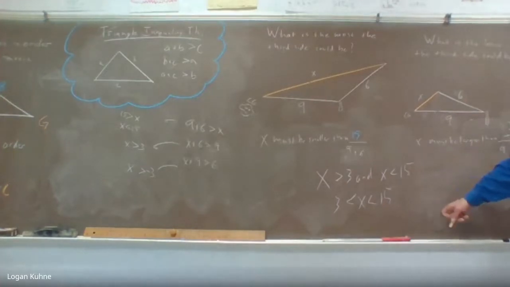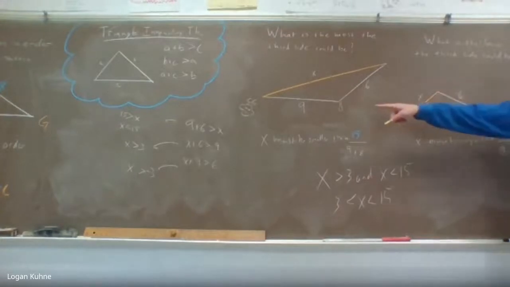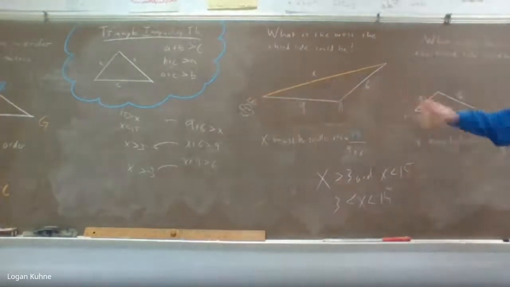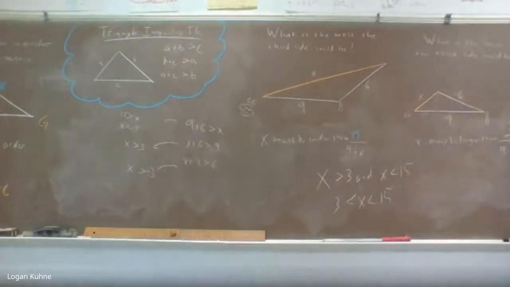Yes, ma'am. What would be the easiest way to find the 3 without having to draw a whole bunch of different triangles? Okay. What pattern do you see happening here? We got two sides, 9 and 6. Well, I see the 2 sides subtracted. Does that work for everything or is that just for that one? Yep.